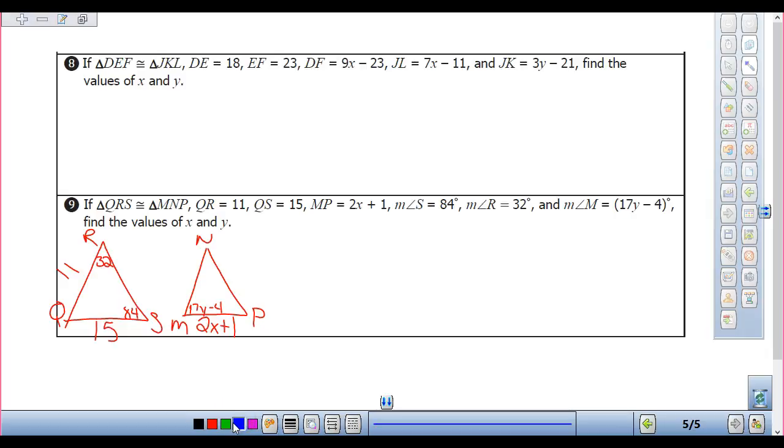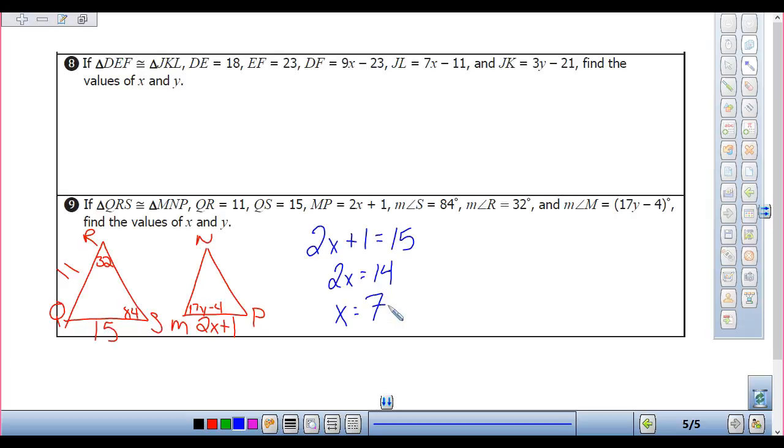Now I'm going to start figuring some stuff out, because they want x and y. How can I figure out x? It's going to equal 15, because those two are corresponding parts. So 2x plus 1 equals 15, 2x equals 14, x equals 7.